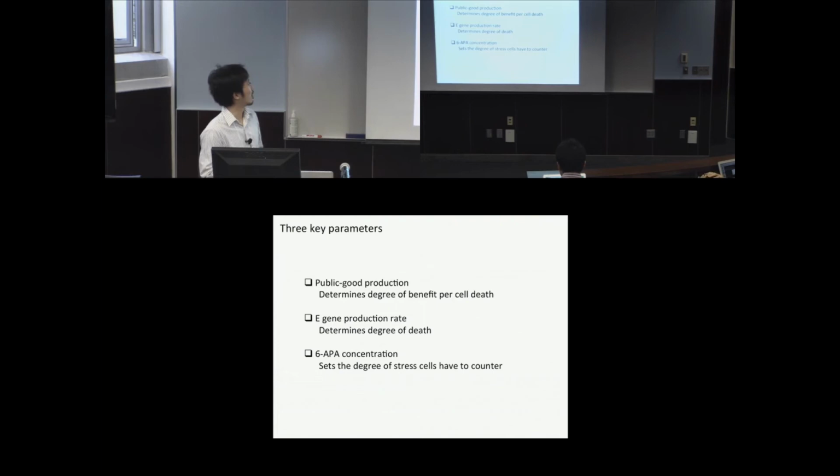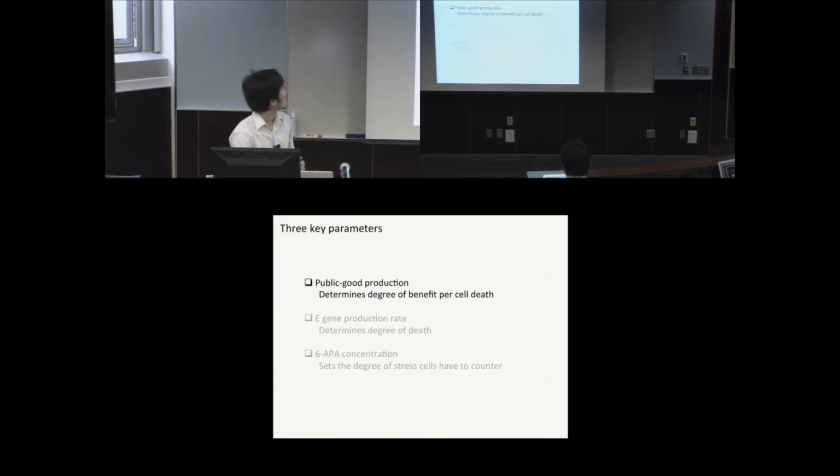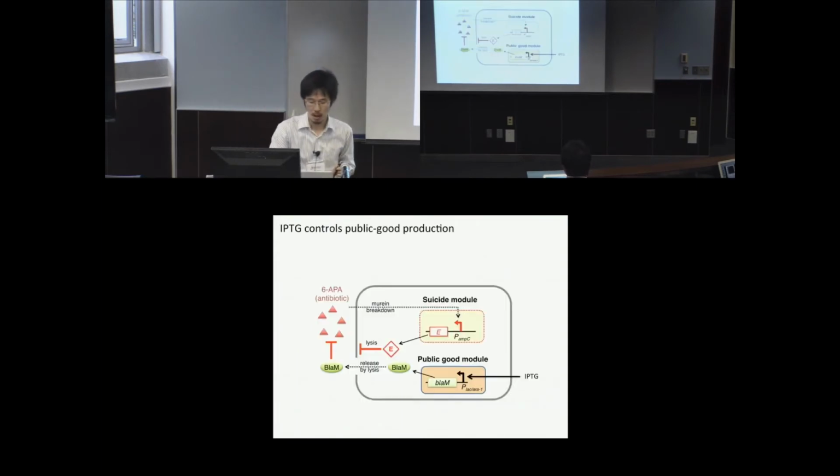And the last is the degree of stress, or 6-APA concentration, that sets the degree of stress that cells have to counter. Let me first look at public good production. As I explained earlier, BLIME expression is simply controlled by IPTG. So I can vary IPTG concentration to modulate how much BLIME is released per cell death.